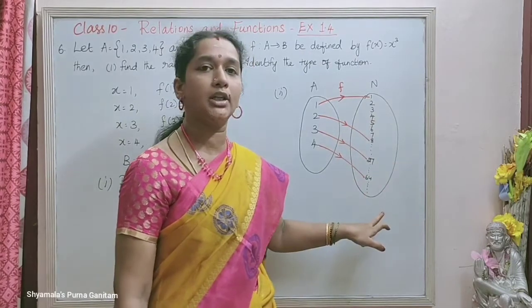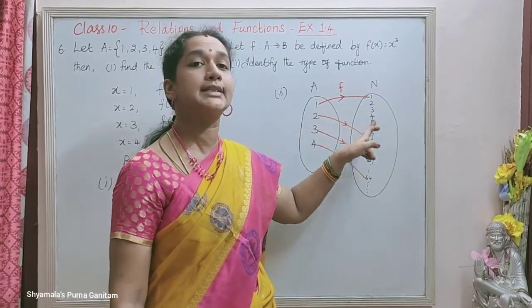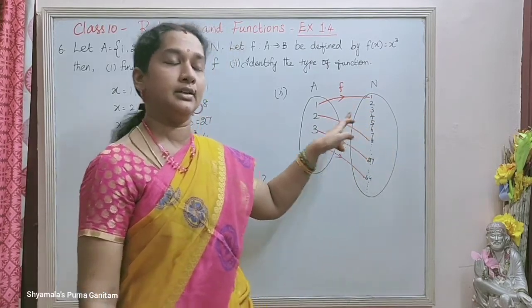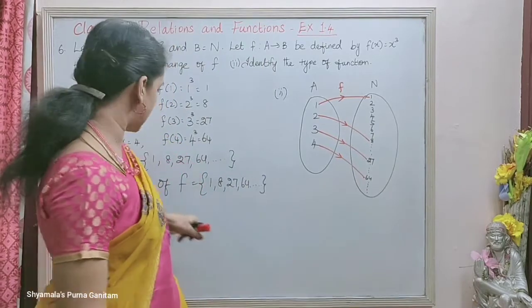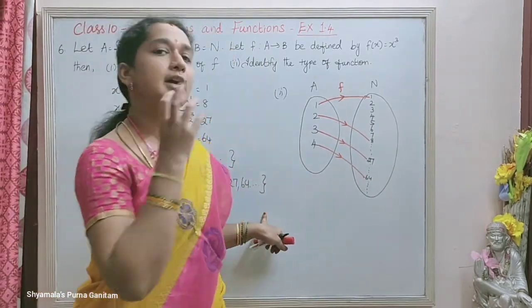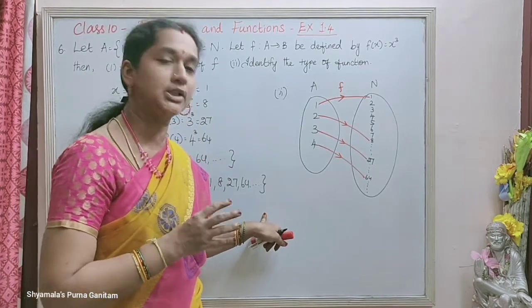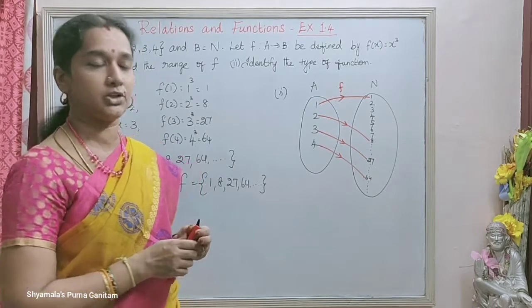All the elements in the second set are called the codomain, and the elements actually connected by the function are called the range. The range is 1, 8, 27 and 64, so the codomain and the range are not equal. So it is an into function. So it is one-to-one and into.